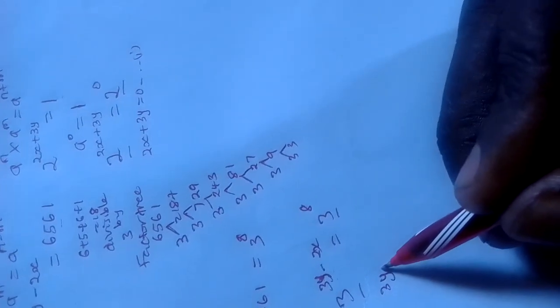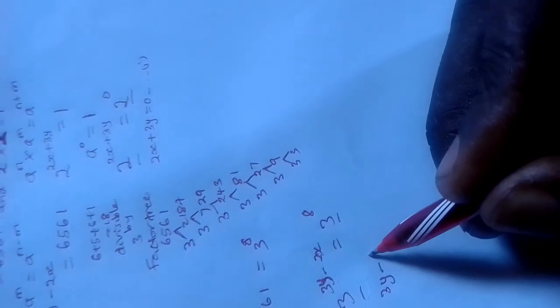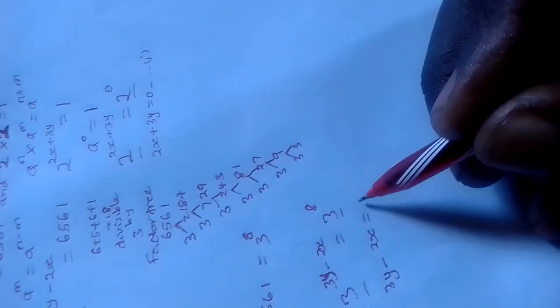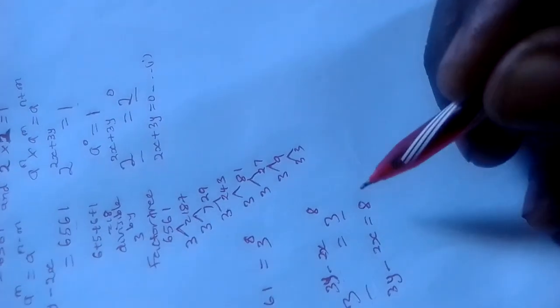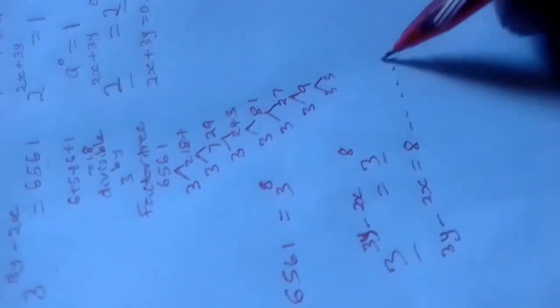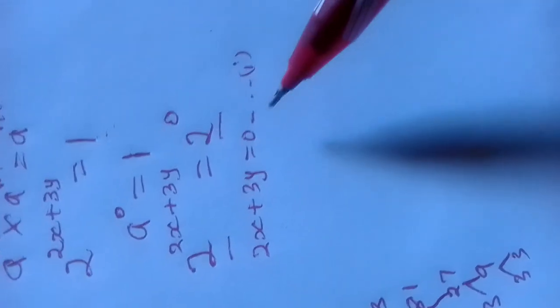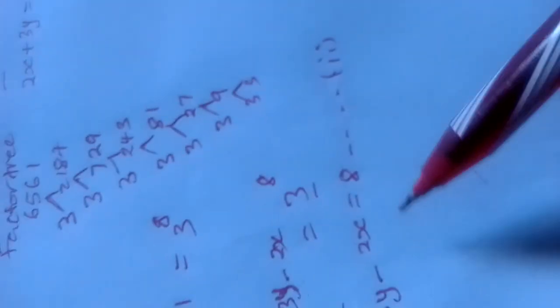So 3y minus 2x should give us 8. We can put it as equation 2. We said we are going to solve this using the simultaneous equation method. So we had our equation 1, 2x plus 3y is equal to 0, then we have our equation 2, 3y minus 2x is equal to 8.